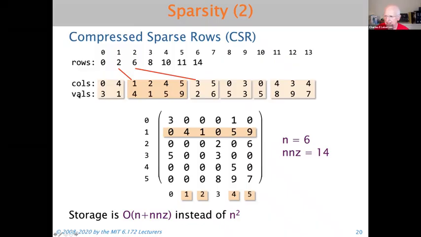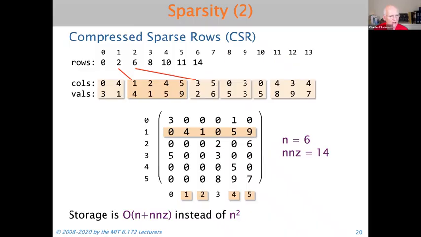The vals array simply has the non-zeros in each row just listed. For example, the first row has only two non-zeros, 3, 1. So those are the first two elements. The second row, or the zeroth row, I should have said, the first row has 4, 1, 5, 9. That's the one I've highlighted here. And so forth, 2, 6, 5, 3, etc. So the vals just has that.